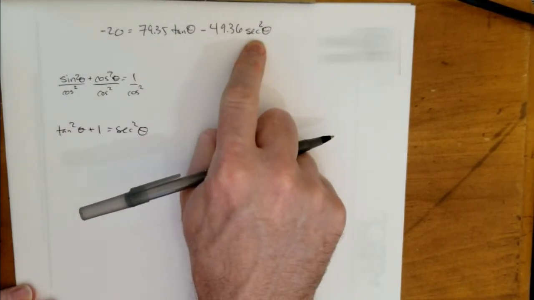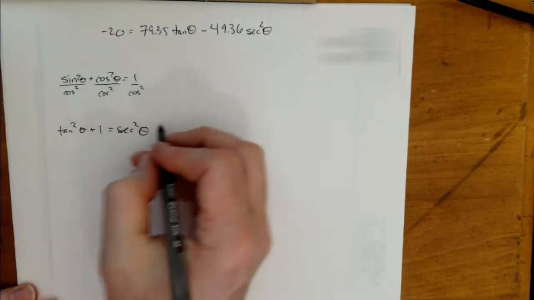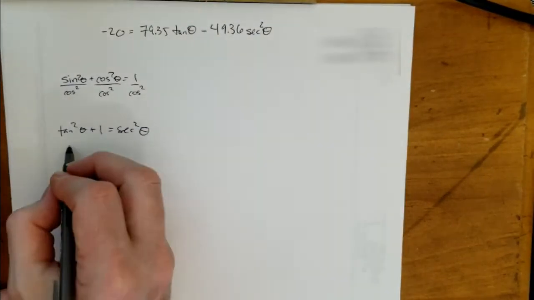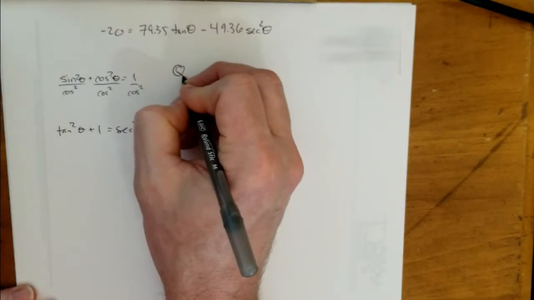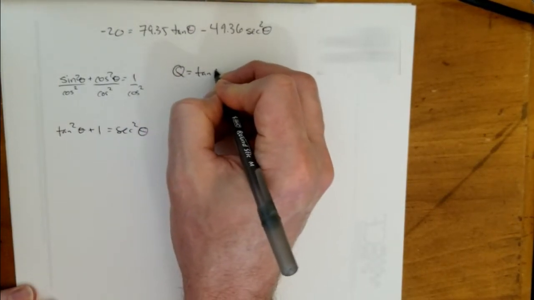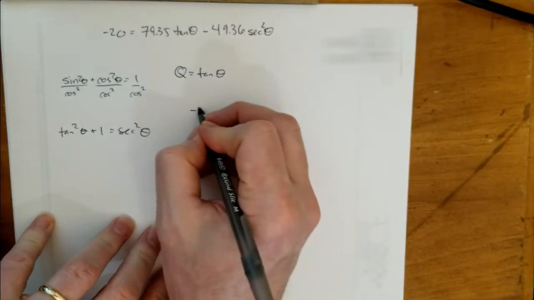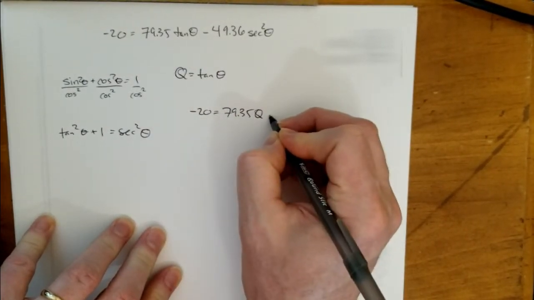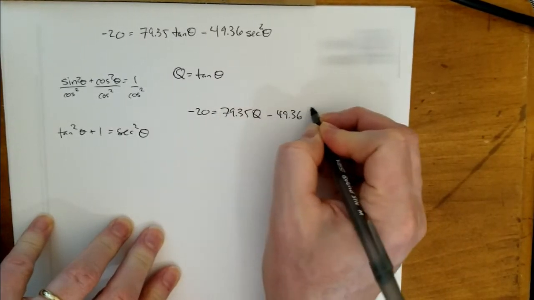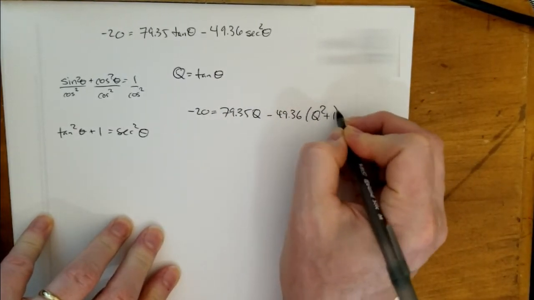And so since I have a secant squared theta there, I can make that substitution. Now, just because I don't like writing, let Q be equal to tangent of theta. So I have negative 20 is equal to 79.35 Q minus 49.36 times Q squared plus 1.